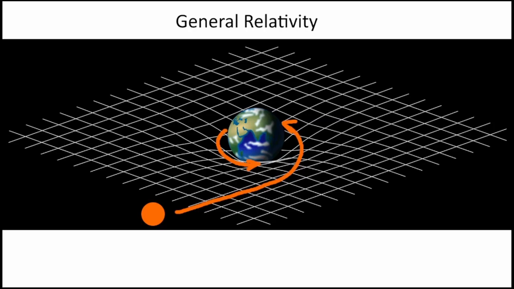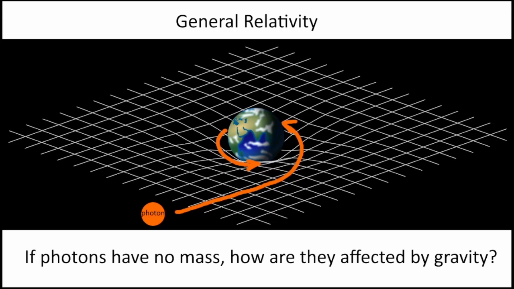However, now there is a little roadblock. Doesn't light have no mass at all? How is the direction of light being changed by gravity at all if gravity only affects objects with mass? Well, this is a completely valid question, but the answer is nonetheless simple.